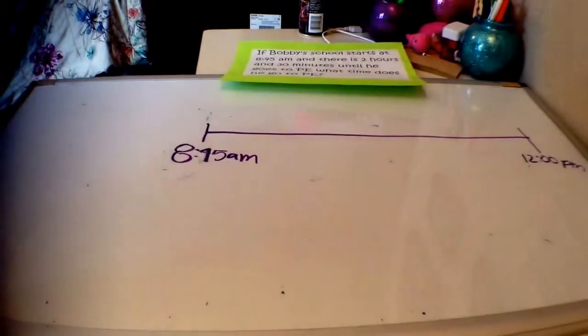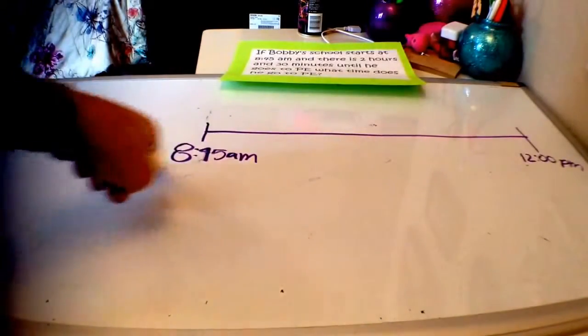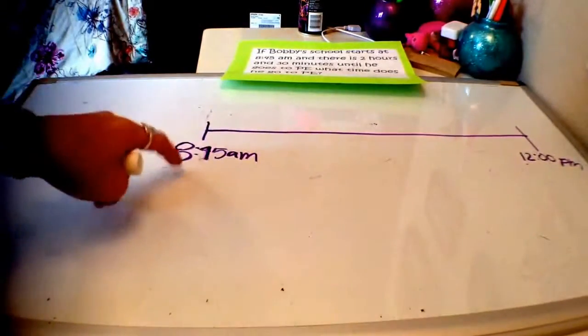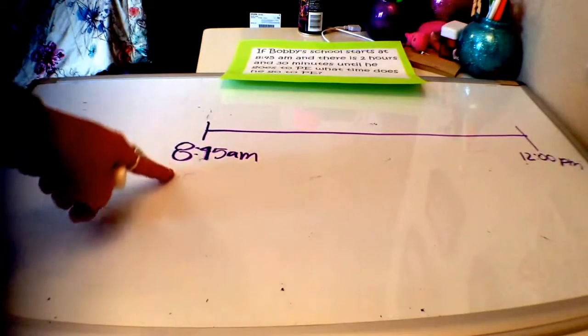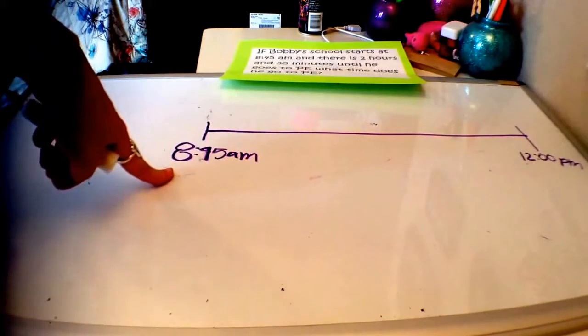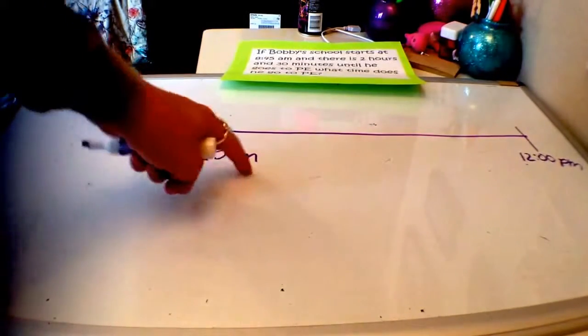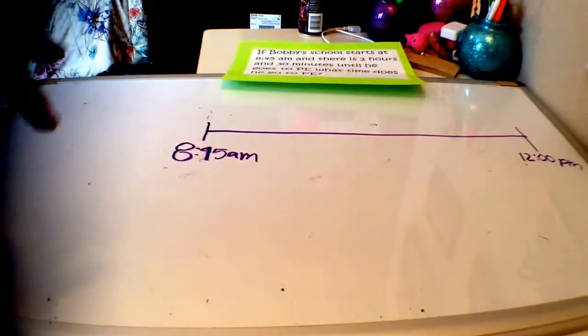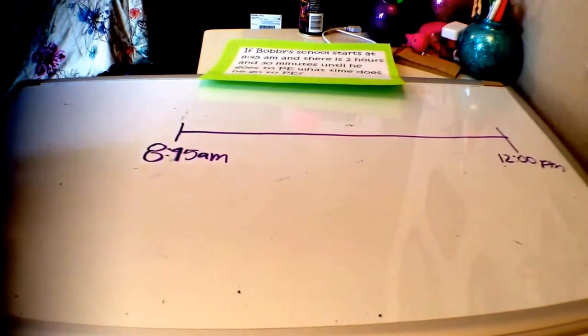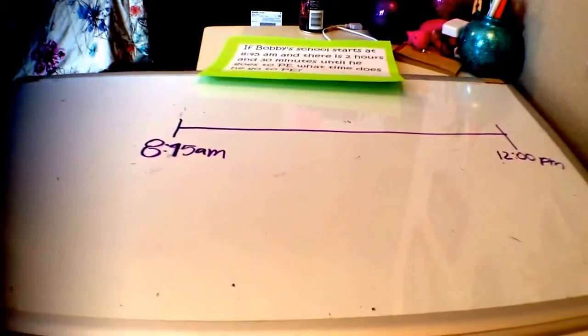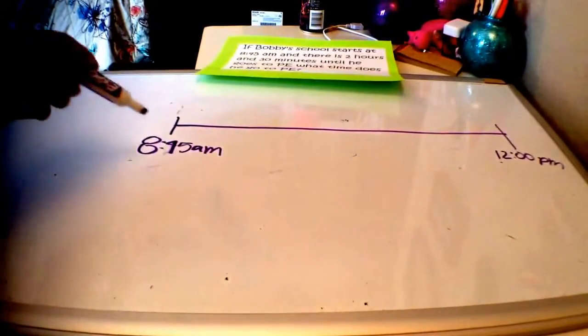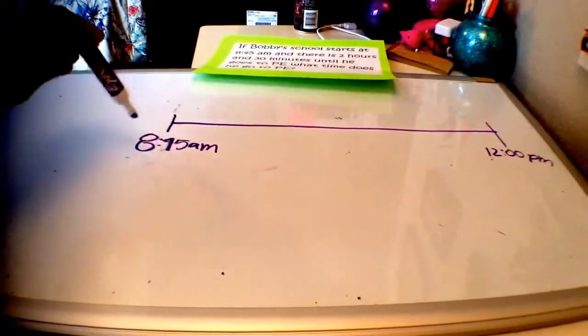Okay, so now that we've talked about regrouping, we can look at this 8:45 a.m. If we're going to be adding 2 hours and 30 minutes, we want to try and get to the next whole hour to make it easier for us to be adding. So, how many minutes until our next whole hour?